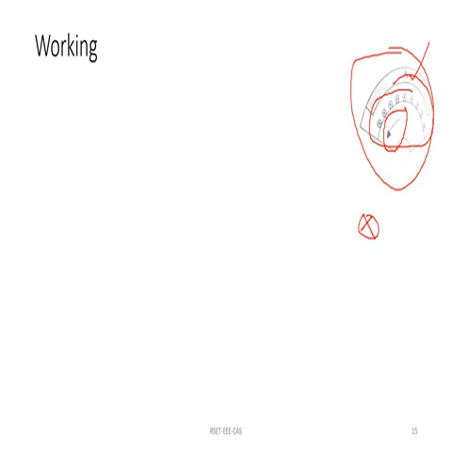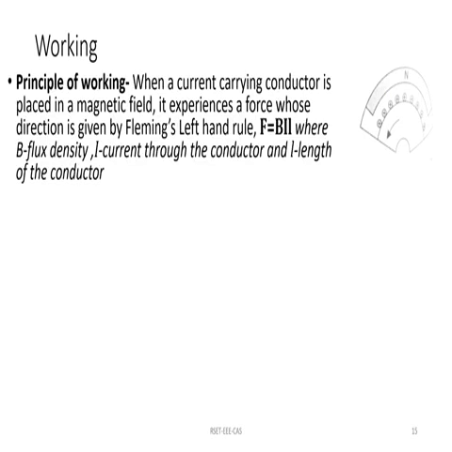Now let's see the working principle. Whenever a current carrying conductor is placed in a magnetic field, it experiences a force whose direction is given by Fleming's left-hand rule and whose magnitude is F equal to BIL, where B is the flux density, I is the current flowing through the conductor, and L is the length of the conductor.